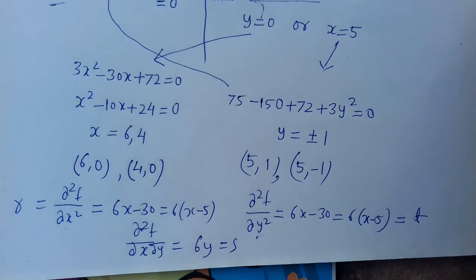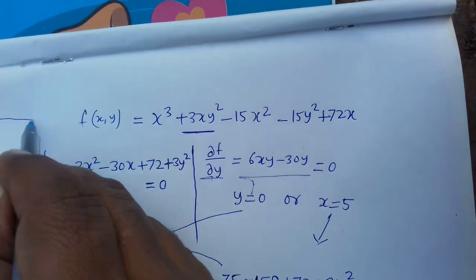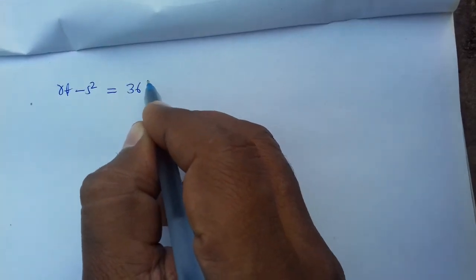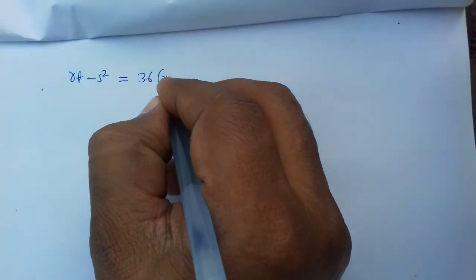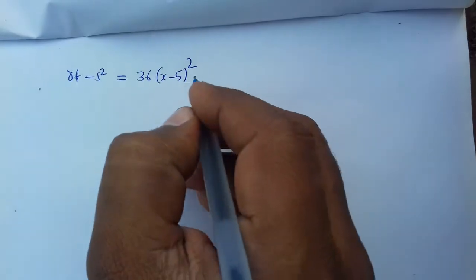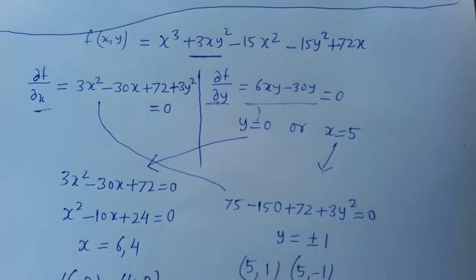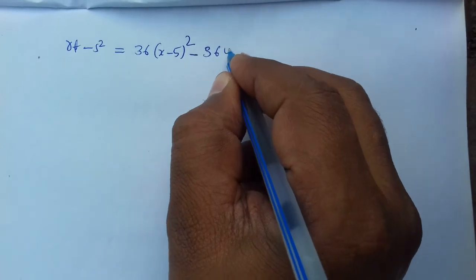Now we get rt minus s square. This will be 36 times (x minus 5) whole square, minus s, which we got as 6y, so 36y square.